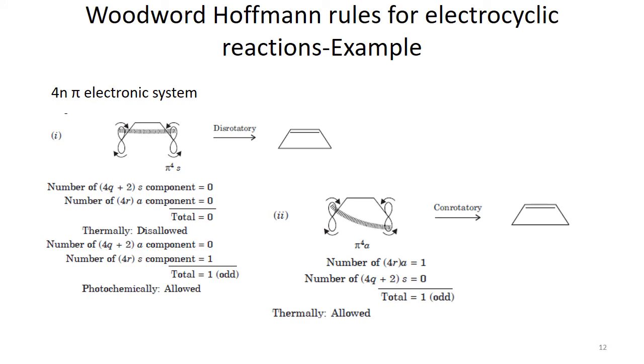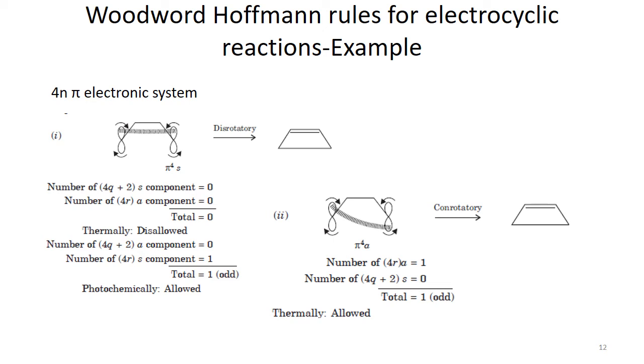Next, we have to know how we can apply the Woodward-Hoffmann rules to the electrocyclic reaction using this example. Just like in the previous example, we have two options. Disrotation is always suprafacial in this case, and conrotation is antarafacial, because in disrotation the two orbitals have to overlap the lobes on the same side.